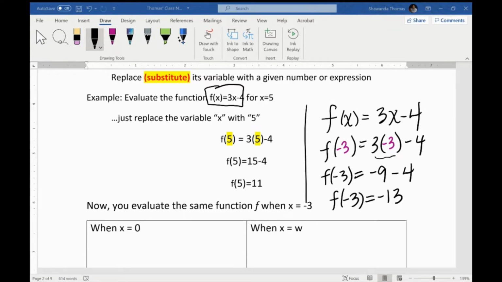All right, I have a question. If I asked you to write a point for that one, what would be the point? Negative 3 and negative 13. Good. So we came up with 2 points already for that one function, which means you could graph this if you wanted to on a coordinate plane.